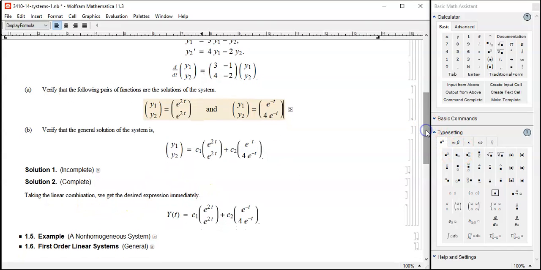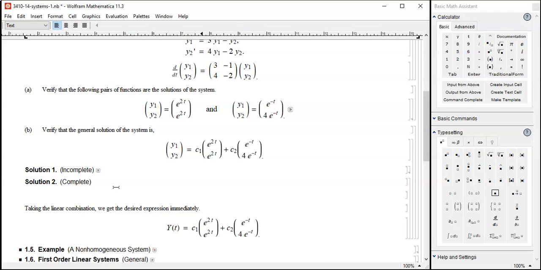But maybe if you want to add more, let's see. Given pair of solutions are linearly independent, they are not collinear.